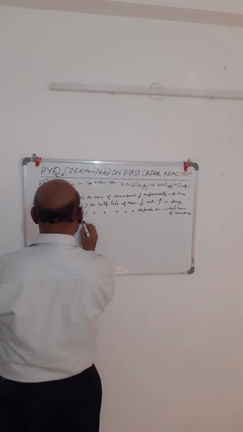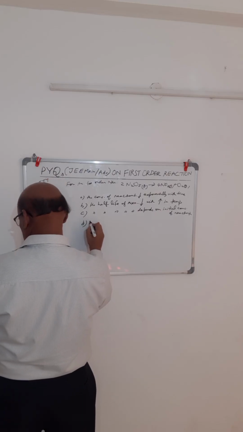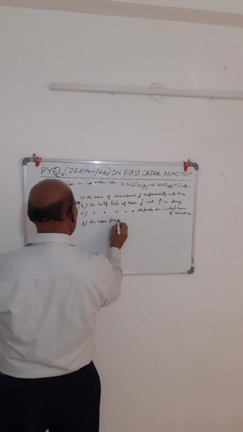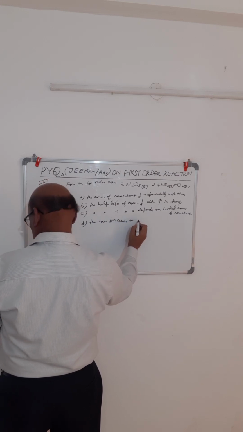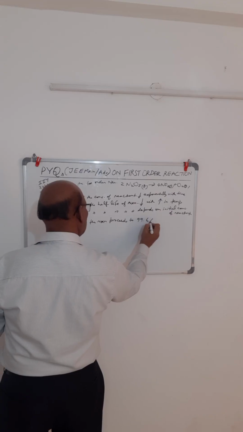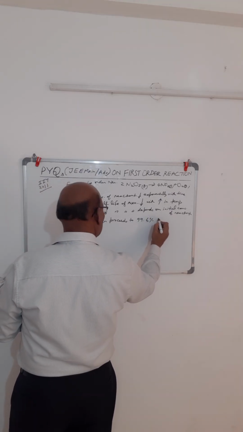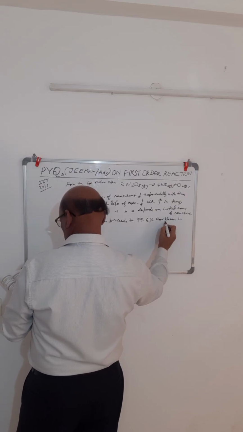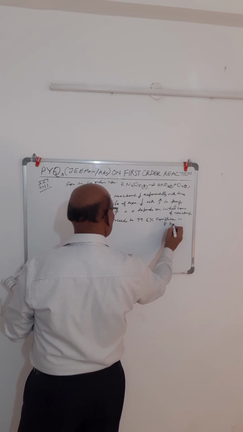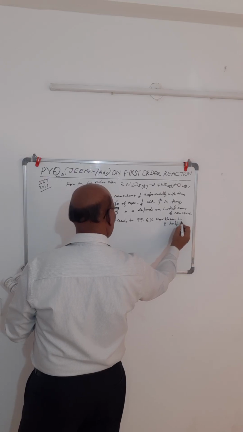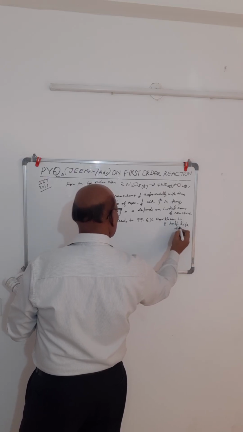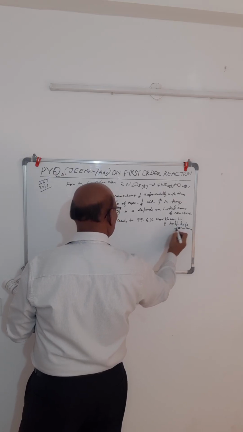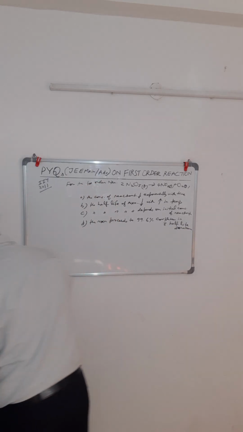And D is the reaction proceeds to 99.6% completion in 8 half-lives duration. So these are the 4 options. We have to find the correct options and more than one options may be correct.